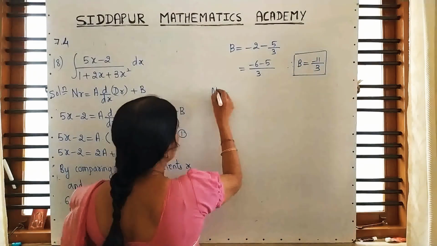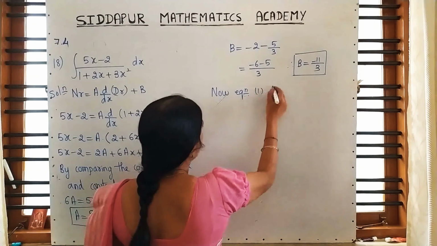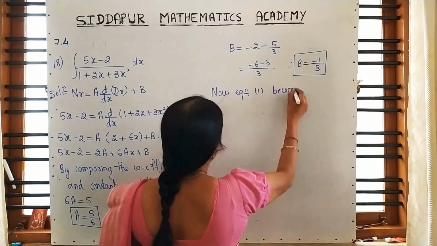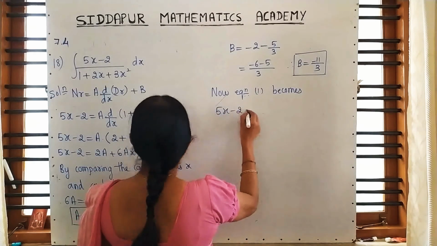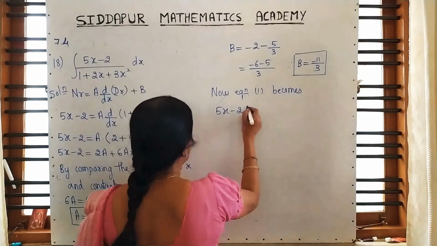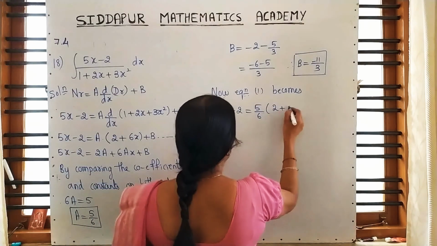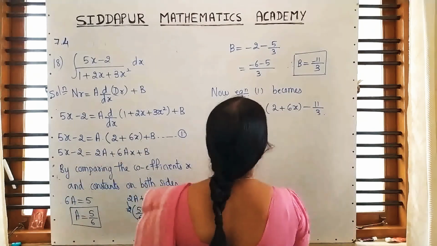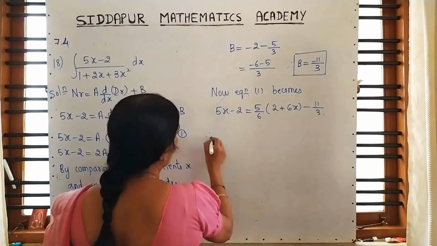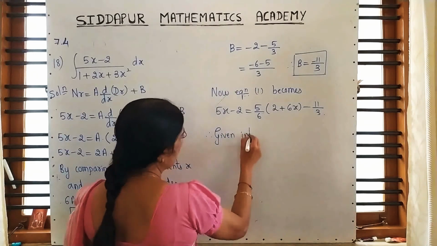Now equation 1 becomes 5x − 2 is equal to a, which is 5 upon 6, times (2 + 6x), and b is −11 by 3. So therefore, write this value in the given integral.